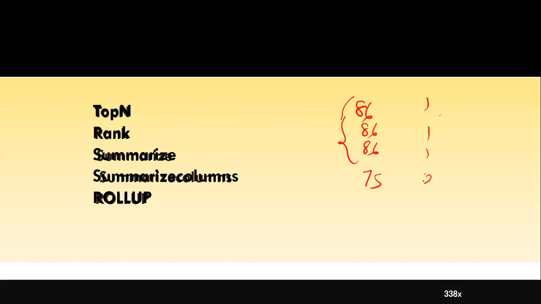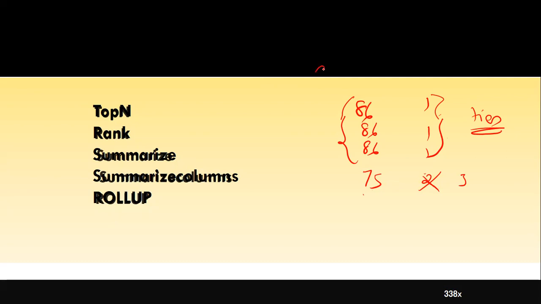He is supposed to fall in rank 2, but since these are ties, where the same rank is assigned to more than one value, instead of assigning rank 2 for this one, it assigns 3. It skips the rank because of ties.